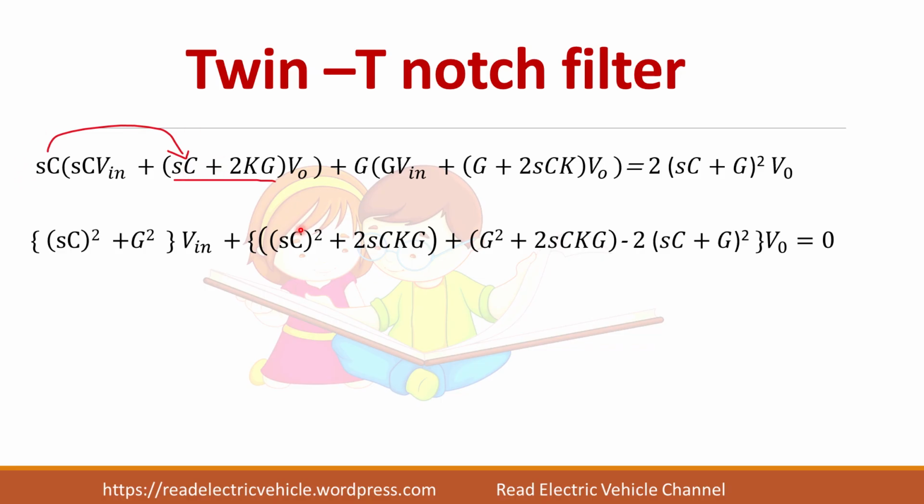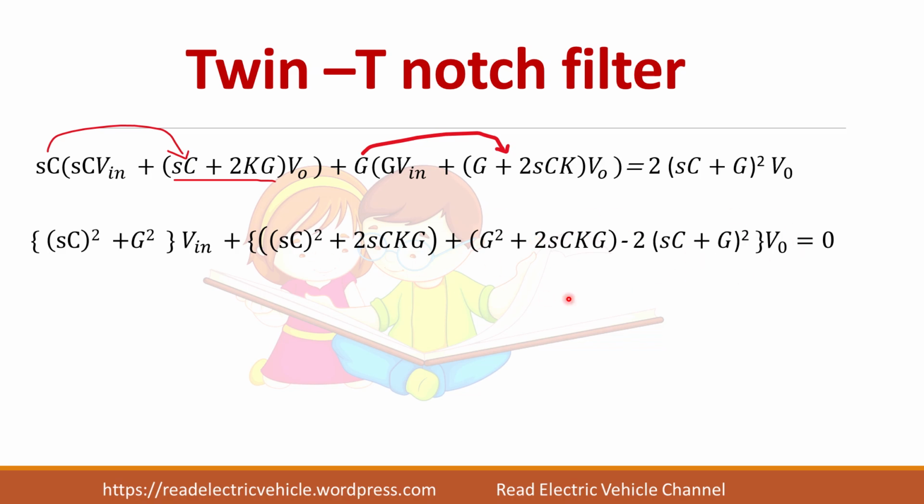So SC square plus 2SC into G. Again here one more term is there which should be multiplied with this G. Do the multiplication, and this is also a V naught part. So I am bringing it to this side. So we have separated V in and V naught.